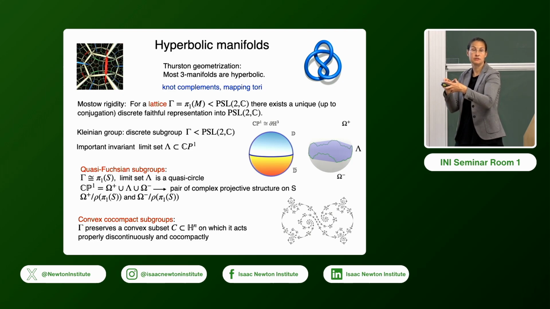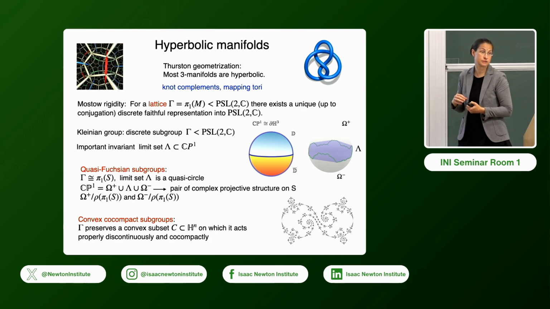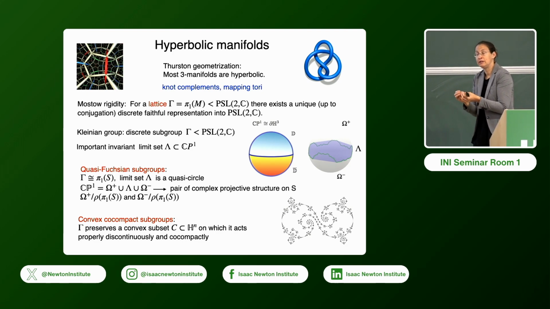So it will be just homeomorphic to a circle, but usually it will be a fractal curve. And I still get some nice geometric structure, because if I remove the circle from CP1, I have the upper disk and the lower disk, and I get 2 complex projective structures on the surface. And the set of quasi-Fuchsian representations gives me, in the character variety, a nice open subset.